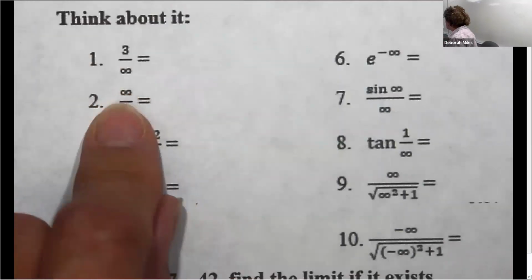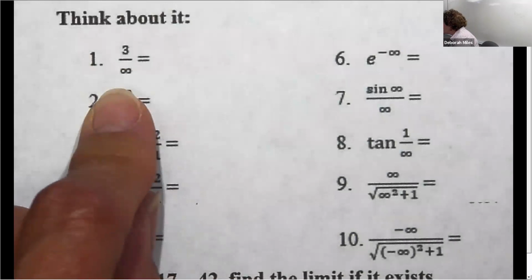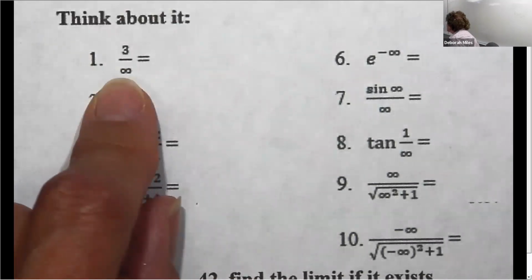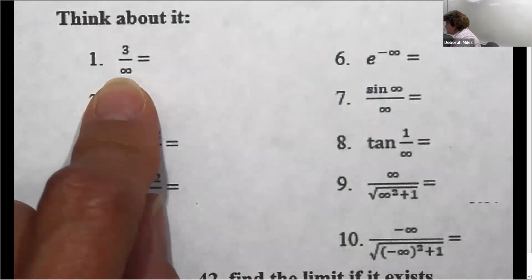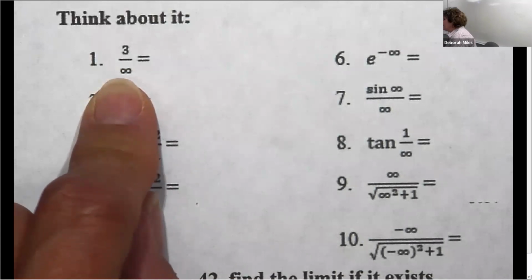Remember what a fraction means? When I write 3 over infinity, that means 3 pies divided by a bazillion people. If a bazillion people had to share 3 pies, about how much pie would each person get? Practically none.